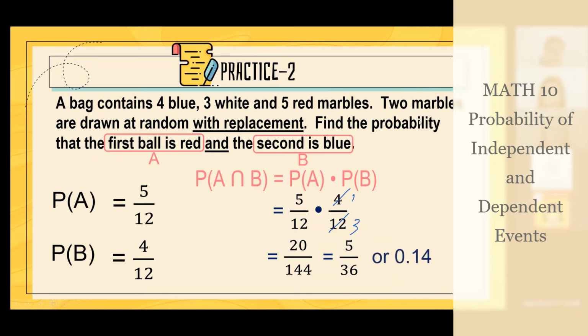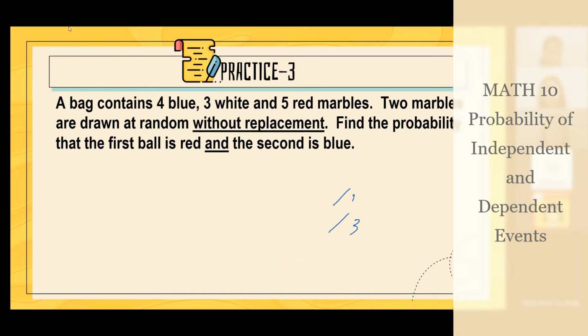Reduced to lowest term, 0.14. So if your answer is 5/36 or 0.14, you got it correct. Very good. Okay, next problem. The same given, but this time without replacement. So I think you know what to do. Okay, 1 minute again for you to answer.